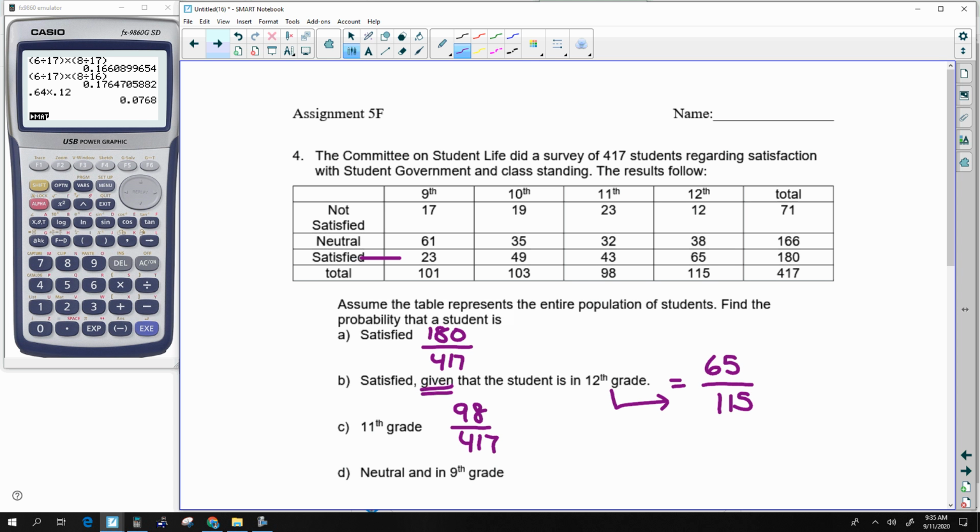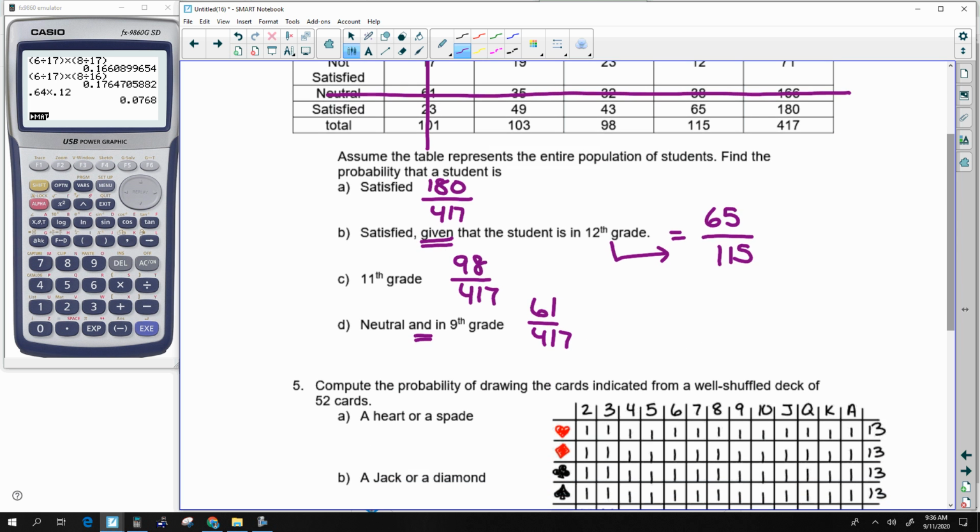And then the word and, which is the intersection of neutral and ninth. Notice all of these things are out of 417 except for the problem that uses the word given.